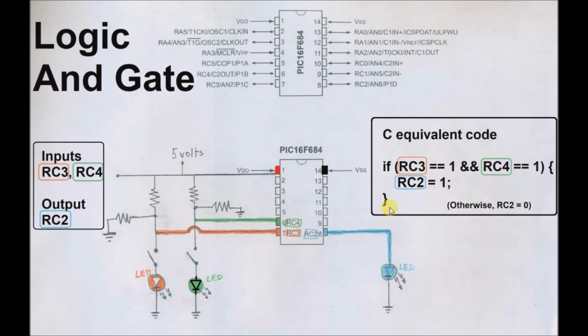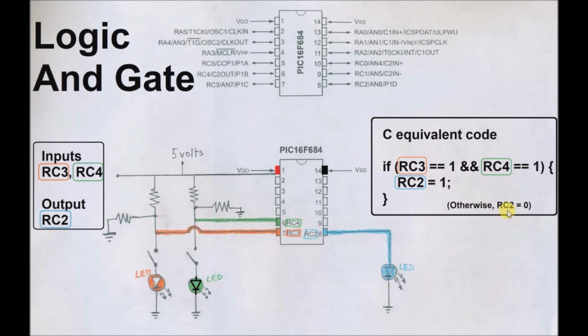And maybe it needs an else statement, because otherwise RC2 should be low. So if RC3 receives a high and this switch is closed, and RC4 receives a high and this switch is closed, and they both have to be closed, only then will RC2 go high. Otherwise it's set low.